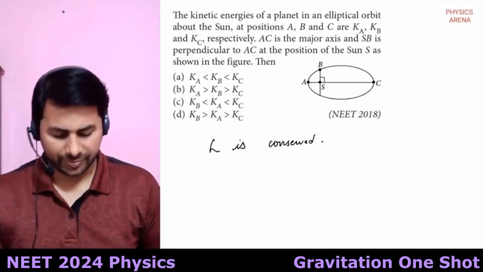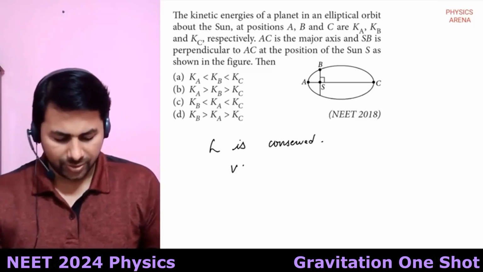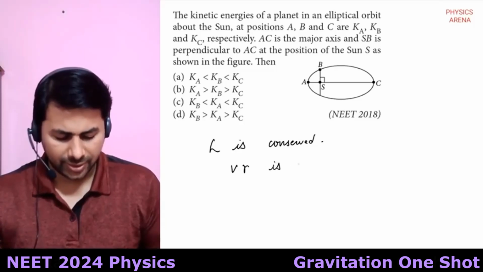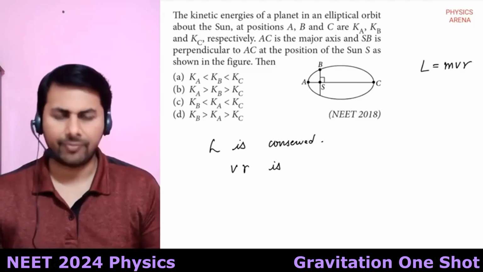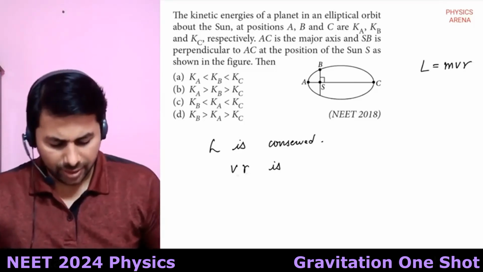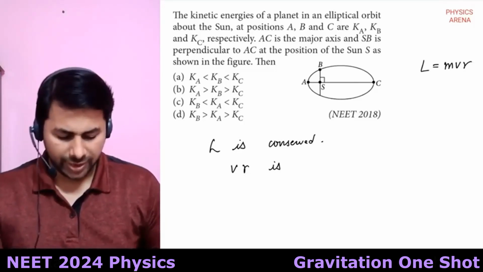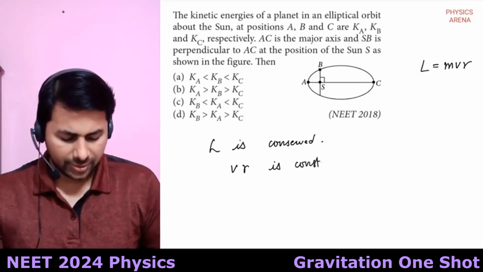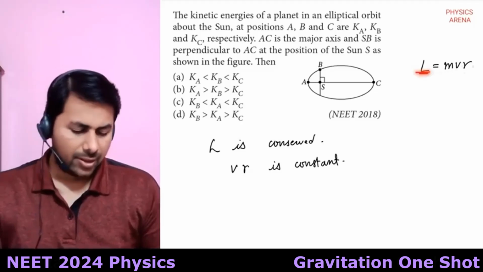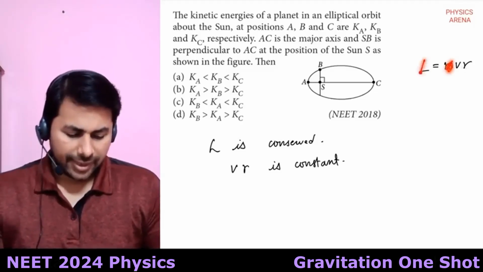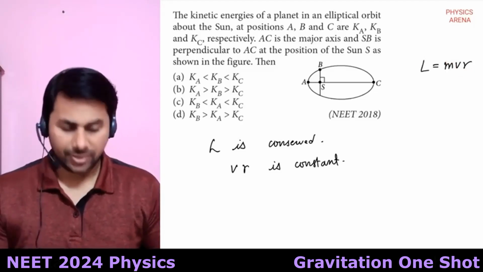L is mvr. Because mass is constant, L is constant means V times r is constant.